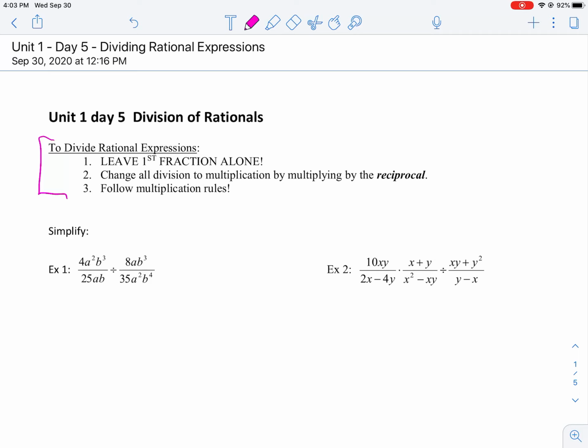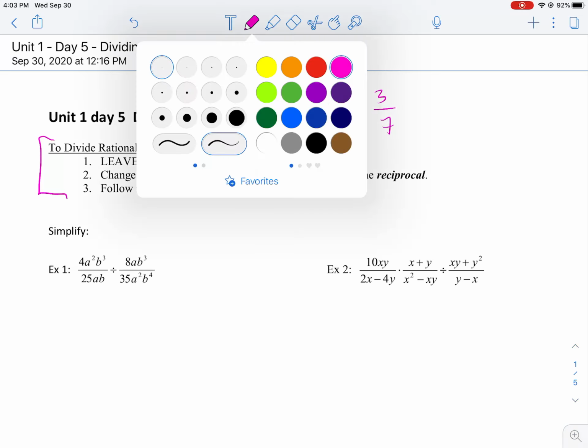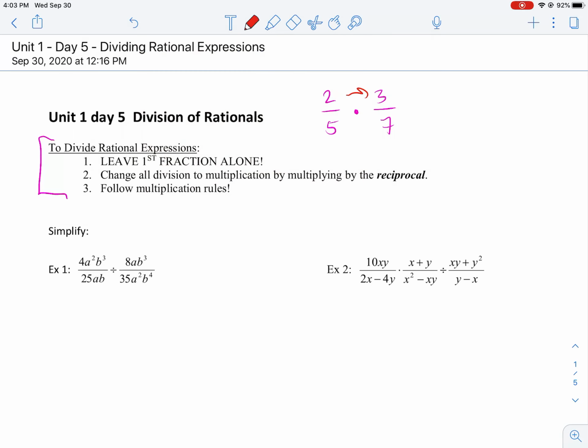Well, let's talk about what it means to multiply fractions first. What's nice about multiplying with fractions, actually let me do something a little different here. Let me make this a 7. There we go. Okay, so the only thing you have to do when you multiply with fractions is multiply the numerators with the numerators, and the denominators with the denominators.